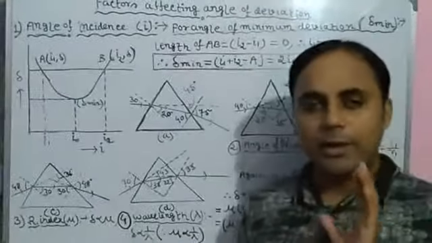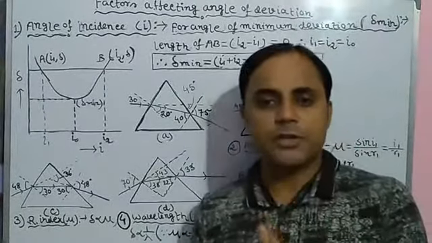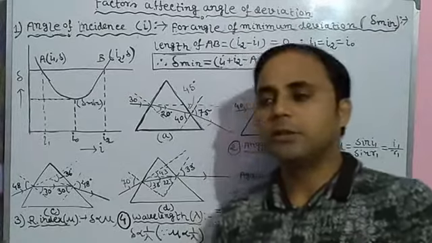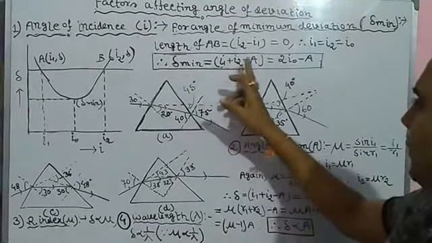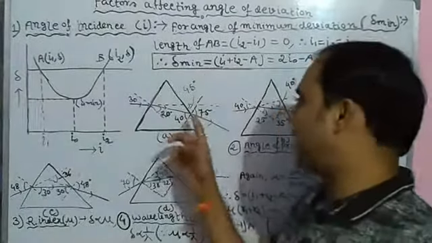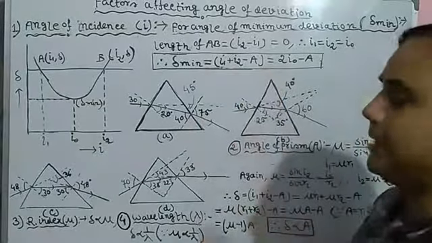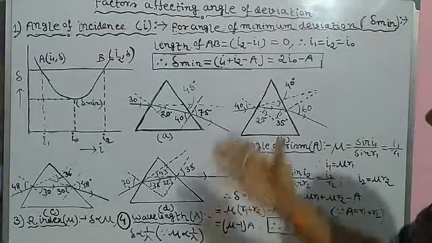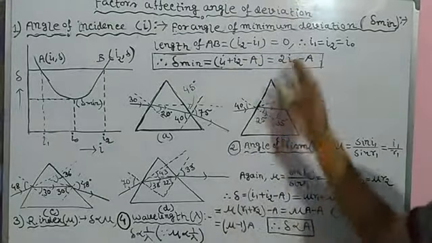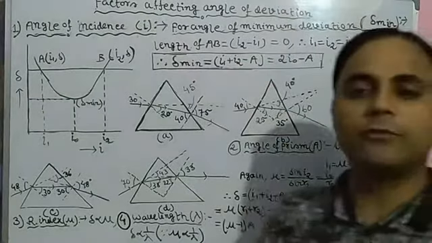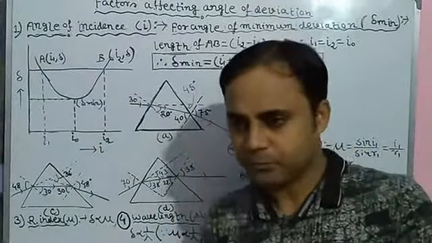We have already learned that the total angle of deviation produced by the light while suffering refraction through a glass prism has the expression delta is equal to I1 plus I2 minus A, where I1 is the angle of incidence, I2 is the angle of emergence, and A is the angle of prism or refracting angle. So the deviation depends on the angle of incidence, angle of emergence, and the angle of the prism itself.